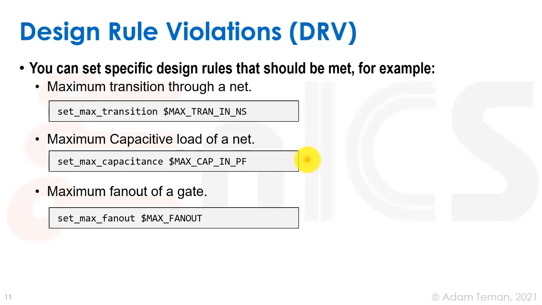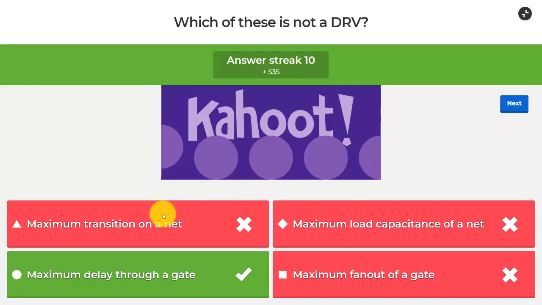Maximum fan out, that's kind of a hand waving type of thing. If we think that we don't want to have gates driving fan outs over 10, 20, 25 or something like that, because it's probably going to cause a transition and a capacitance violation, then we can set max fan out, but it's not really a hard constraint. So maximum transition on the net, load capacitance of the net, and fan out of a gate, those are the basic DRVs.